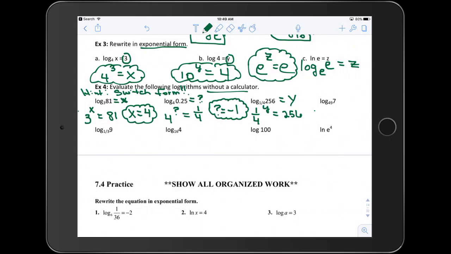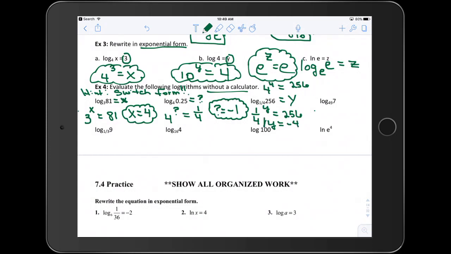Now my advice is go 4 to what power gives you 256, and you should know, or at least will learn to know, that 4 to the 4th power is 256. So we have 1/4 though. And so 1/4, if we want to get that up into the main floor, we're talking about a negative exponent here. So you're talking about y equals not 4, but -4.